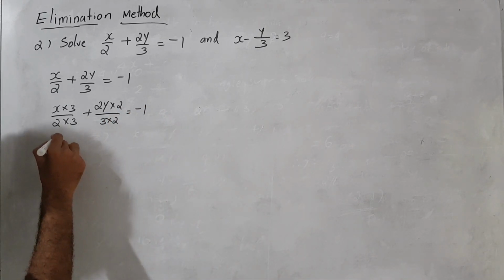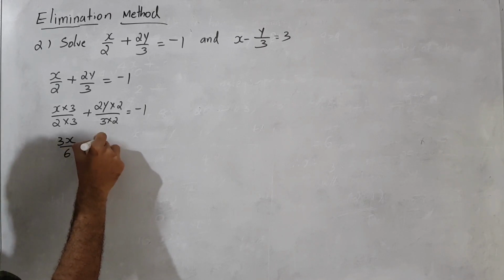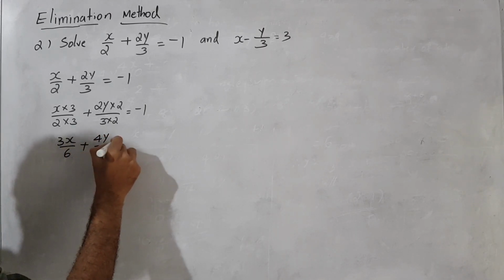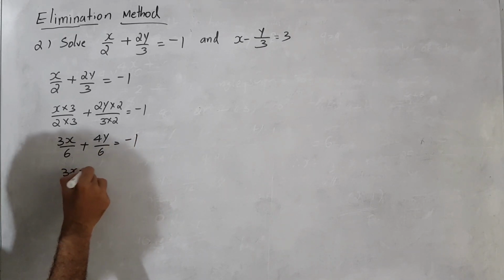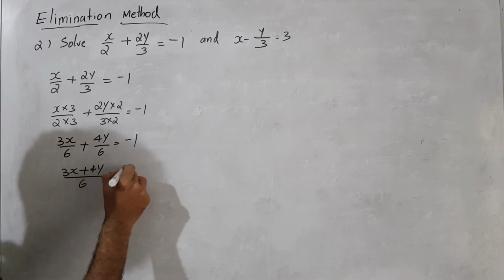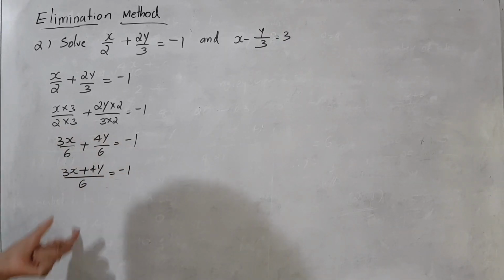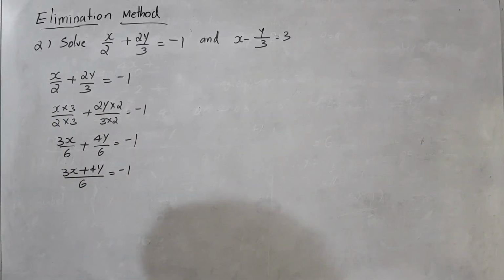Correct? The next, 3x by 6 plus 4y by 6 is equal to minus 1. Therefore, 3x plus 4y by 6 is equal to minus 1. Then what is next? We transpose the 6 to the RHS side of minus 1. Correct?